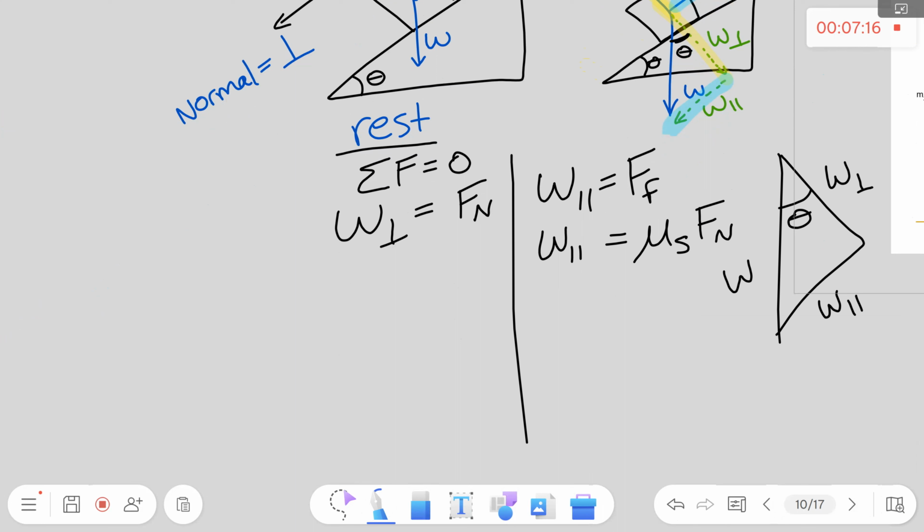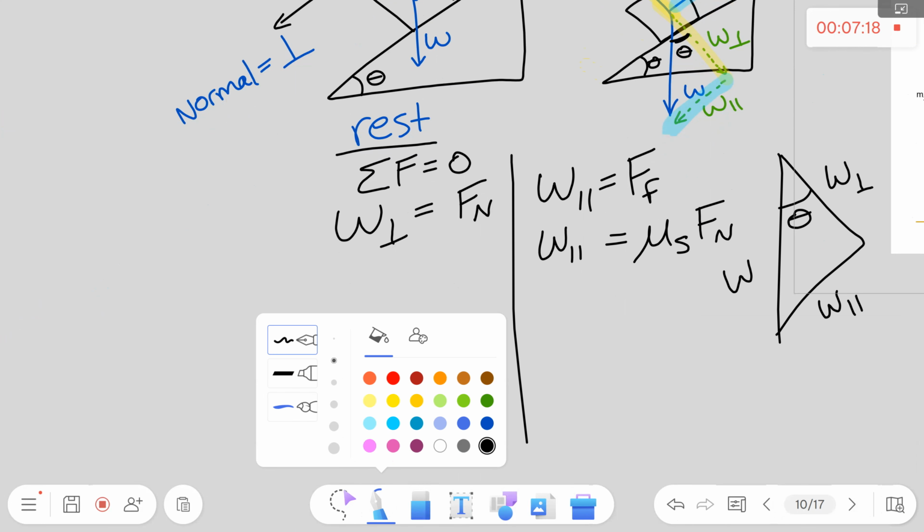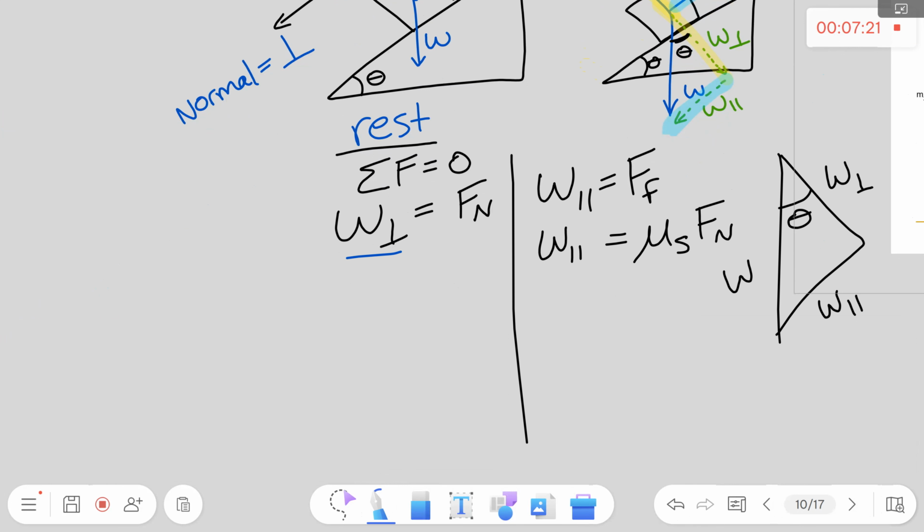So, we could expand these just a tad bit more. I don't want to go down that rabbit hole too much. We could expand those a little bit more into their trig functions, because we have weight, and if we're looking for parallel, that would be sine, right? So we could expand this as weight sine theta equals mu s force normal.